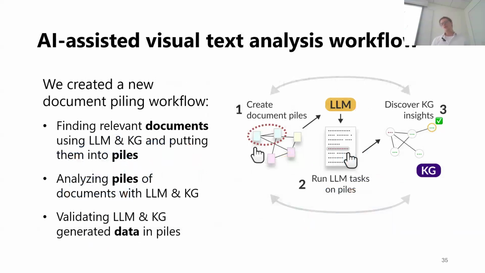And so to address this, I like to start in a lot of my research by going back to established practices. What do these domain experts do already that we can draw inspiration from? One of the most common sense-making tasks that's been around for a very long time, very well studied, is called piling, information foraging, where analysts will go in and have a series of unstructured information, could be documents or post-it notes or whatever have you.